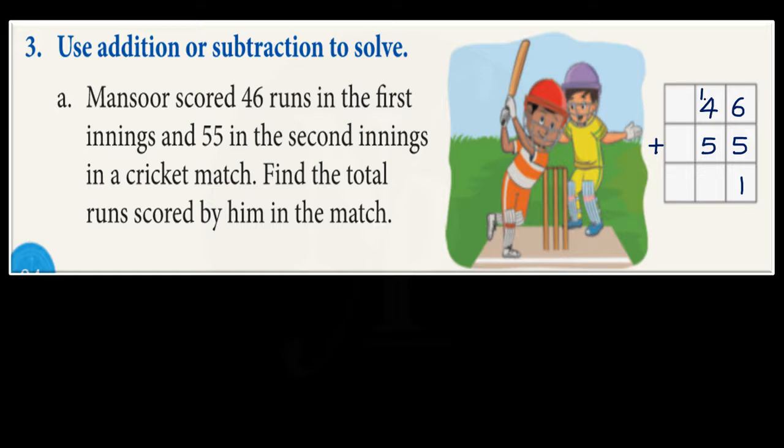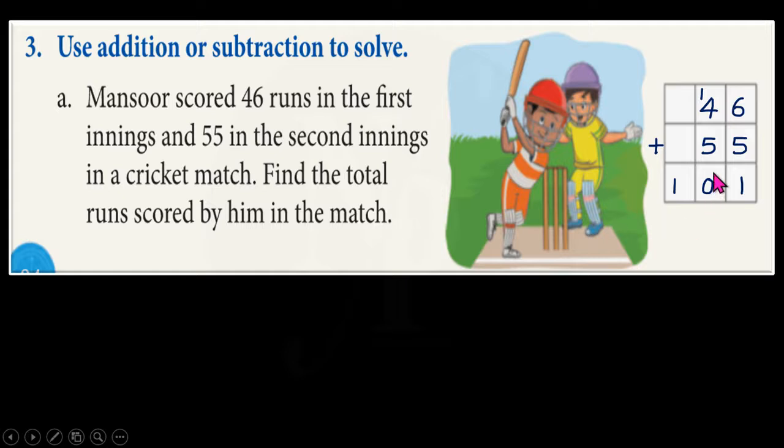Now we will add these digits in tens column. 1 plus 4 is 5. 5 plus 5 is 10. So 10 tens are regrouped as 100 and 0 tens. Therefore, 101 is the number of runs scored by Mansoor in that match.